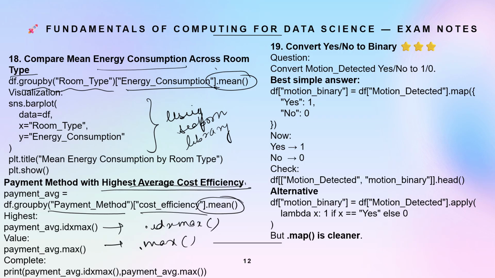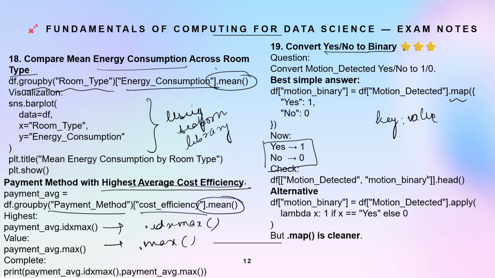Similarly, how to convert yes, no to binary. We use the concept of dot map, and then we put a dictionary of key value pairs to get yes mapped to one and no mapped to zero.